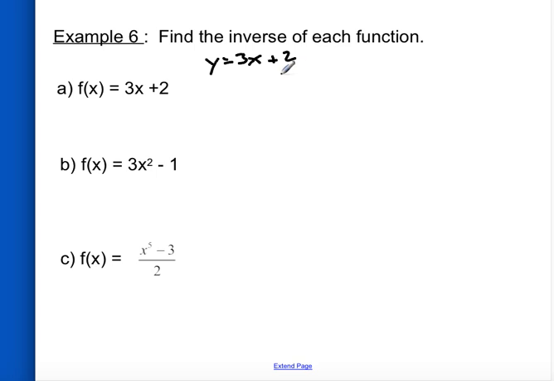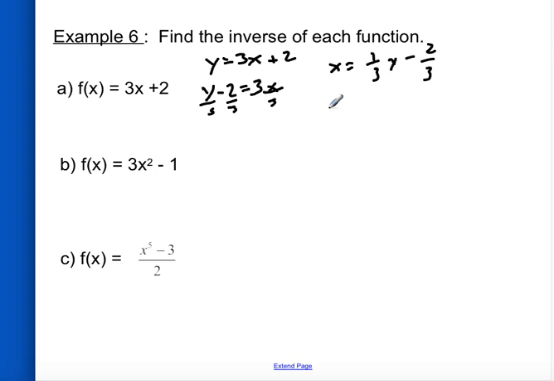I subtract 2, and I divide every single term by 3. Then I end up getting x equals 1/3 y minus 2/3.